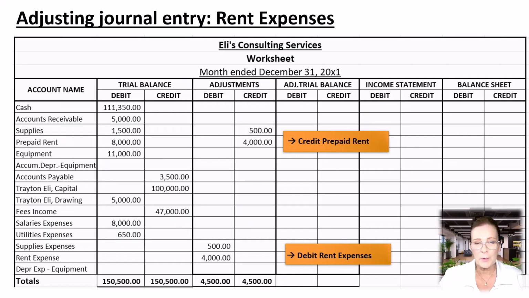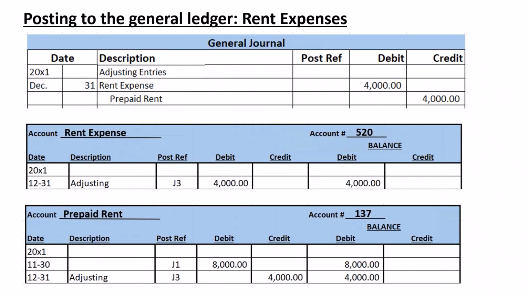We're now ready for our second adjustment for the expired rent for December. When we prepared the worksheet, we debited rent expense and credited prepaid rent for $4,000. We'll prepare the general journal entry by writing "Adjusting entries" on the first line, the date into the date column, and a debit of $4,000 to rent expense, and a credit to prepaid rent for $4,000.